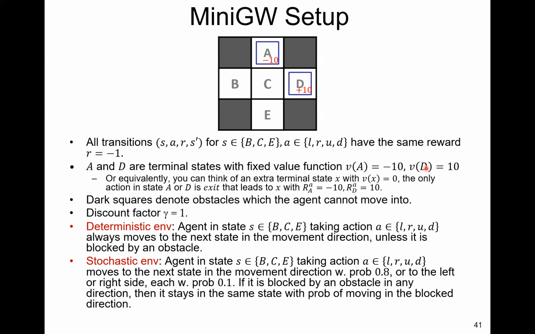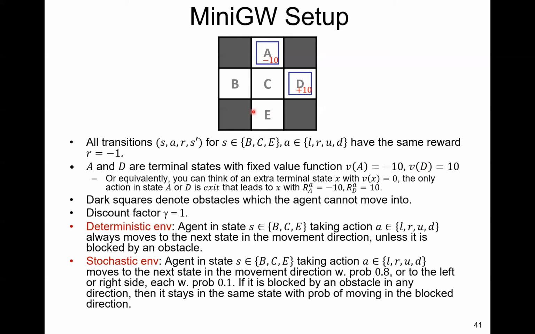You can think of the agent as having a very painful life. Every day it's alive, it gets a -1 reward, so it wants to die quickly. But when it dies, it may go to heaven and go to state D, getting a high reward, or go to hell and go to state A with a -10 reward.